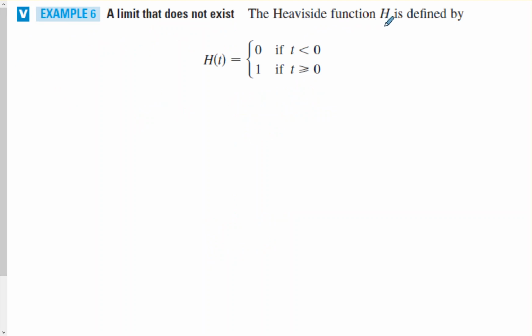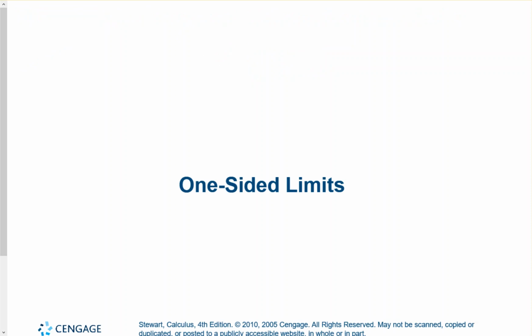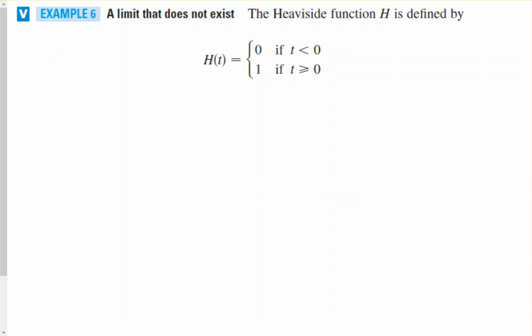The Heaviside function H is defined as 0 if t is less than 0 and 1 if t is greater than or equal to 0. Okay, so if we look at the graph of that, let's do a graph real quick.